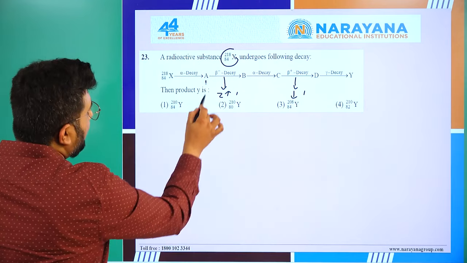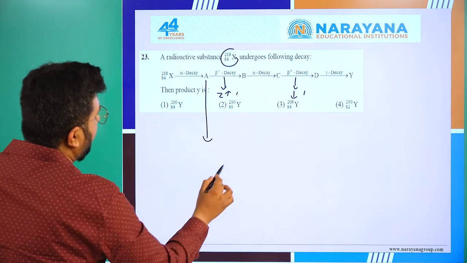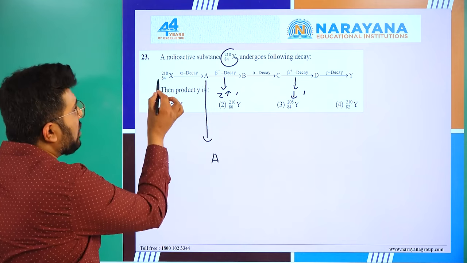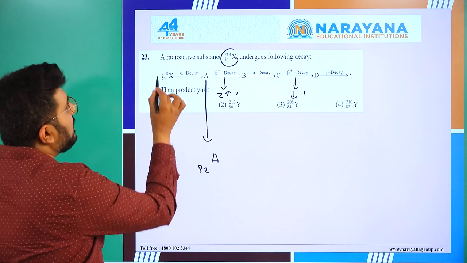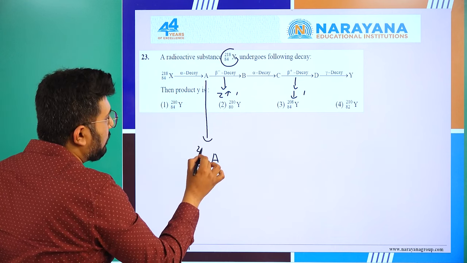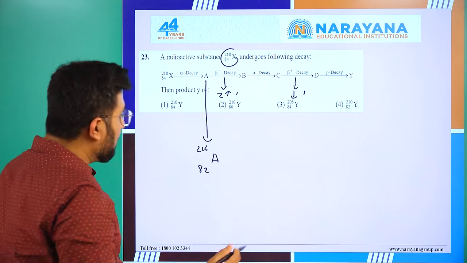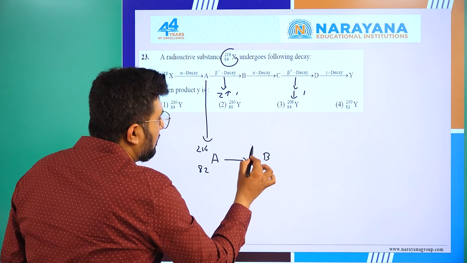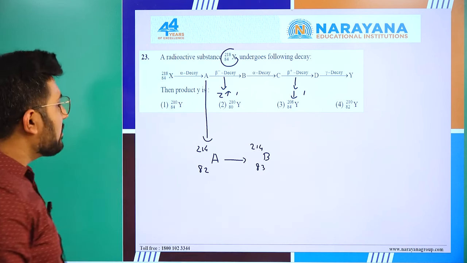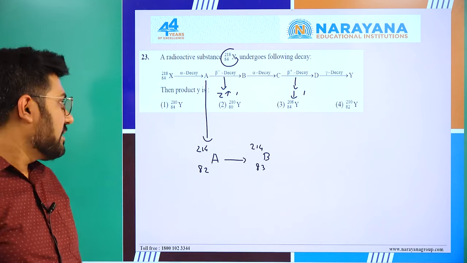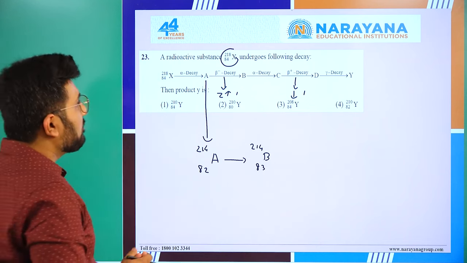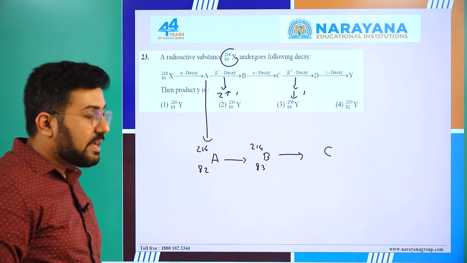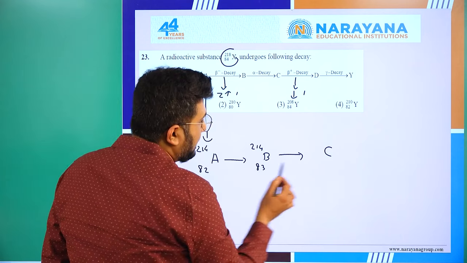Okay. So, if I look at this product, it will be A. The charge number decreases by 2 and the mass number decreases by 4. Then there is a beta minus decay from where I got B; the mass number will remain the same and the charge number will increase by 1. Then it undergoes an alpha decay again and gives you a product C, and this will become 83.